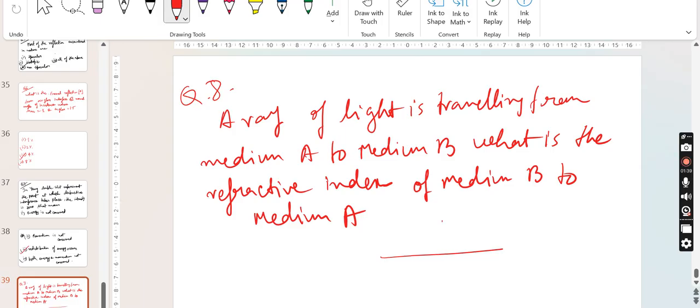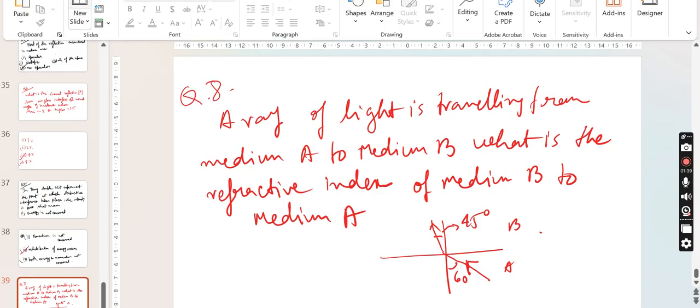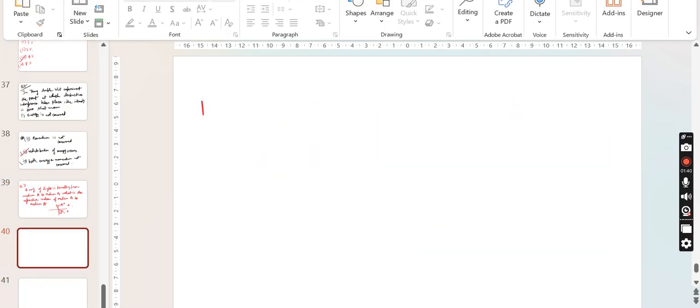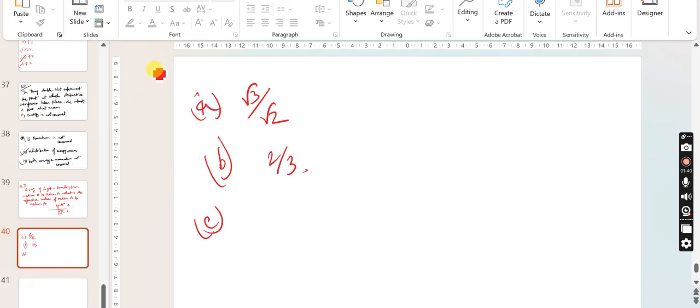So this is how the light is traveling. This is 60 degree, this is 45 degree, this is A, this is B. So the options: option A is 3 by 2, option B is 2 by 3, option C is 1 by 3, option D is 2.